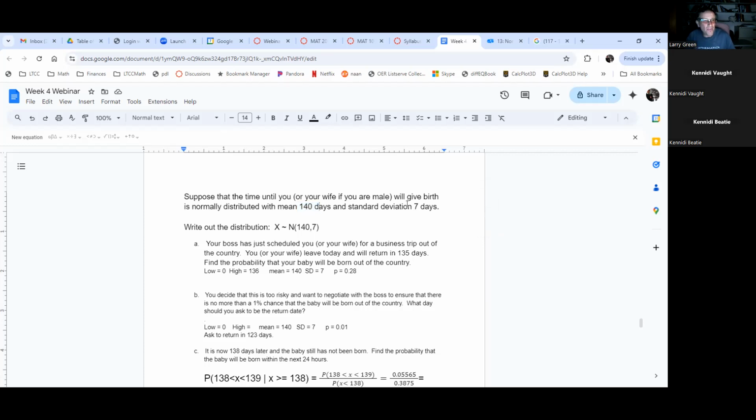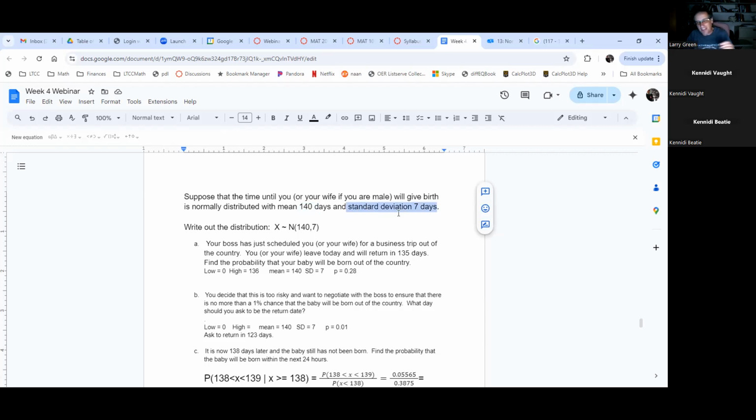And just know it's not true anymore, but it used to be the standard deviation was 7 days. It's not anymore, and it's not normally distributed anymore either. There's a reason, and the reason is medical. And the medical reason is C-sections. If you only look at natural births and pretend everyone would have a natural birth, then actually the standard deviation is 7 days.